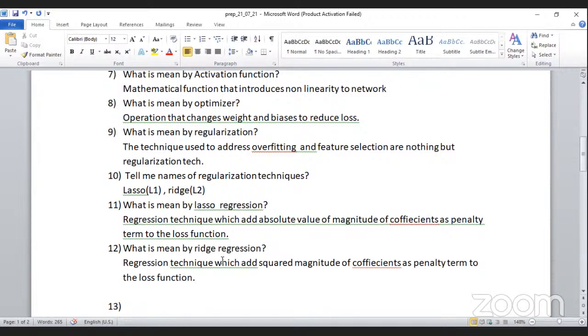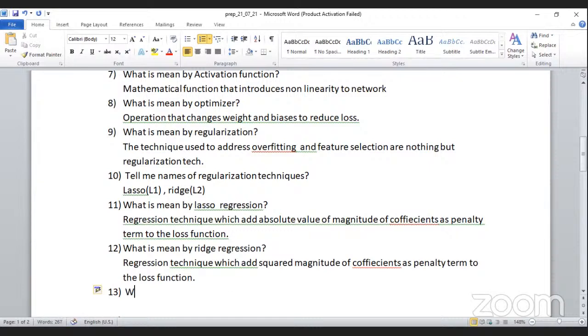So here the difference between these two is, in lasso the absolute value of magnitude of coefficients is added into the penalty term, and in ridge regression the squared value of that is added. So this is the basic main difference between lasso and ridge regression.